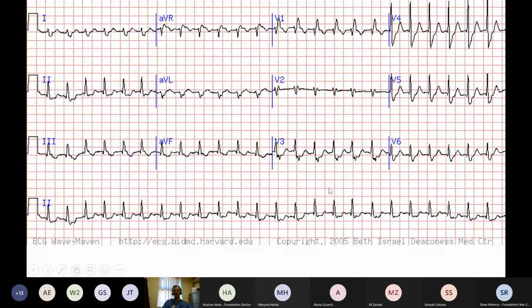What about this ECG? Could this be typical or atypical? This could be a VT or an SVT with aberrancy. So this time round, is this right bundle branch block, isn't it? And is this typical or atypical right bundle branch block?